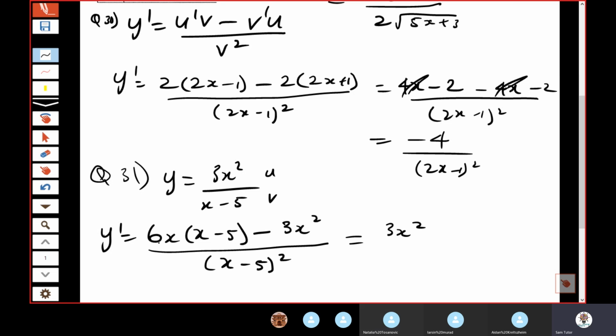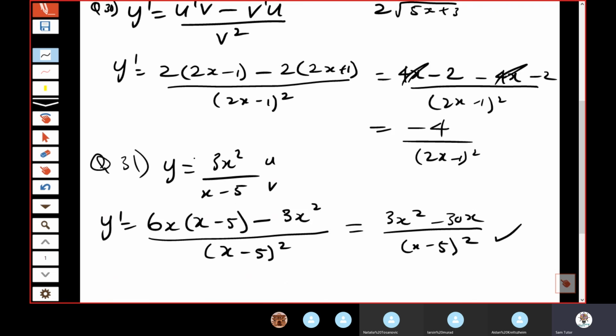I just did it in one line. 6 times 5 is negative 30 over x minus 5 squared. No need to factorize the top. So that's full marks. Perfect.